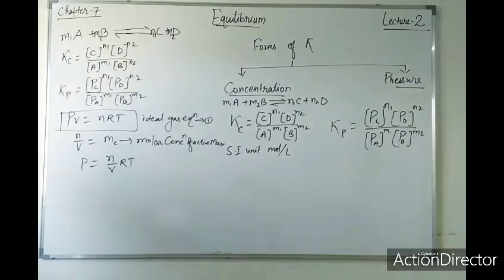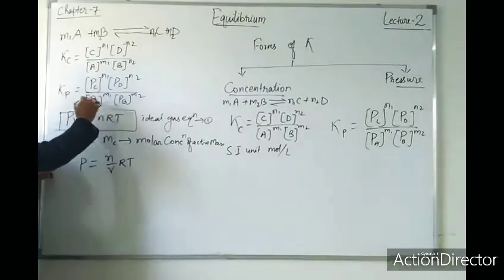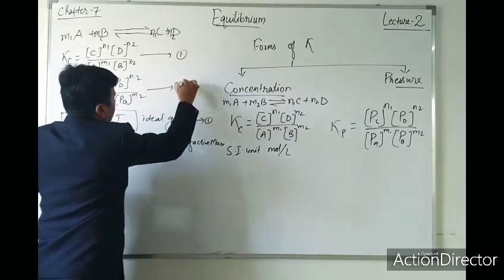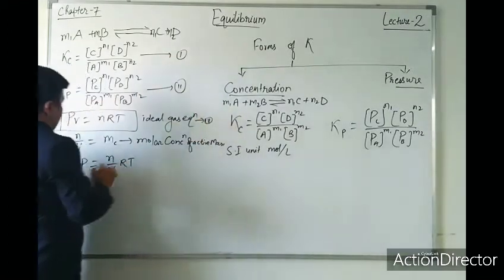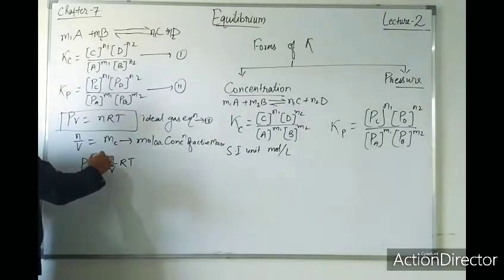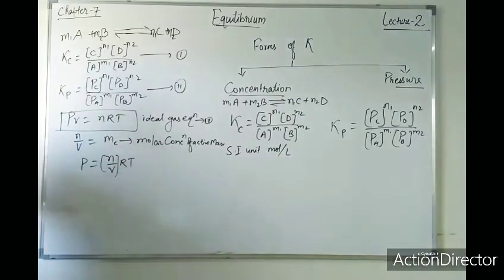So can you tell me what the values of PA, PB, PC and PD will be? Suppose this is equation number 1, this is equation number 2, this is equation number 3, and now we put in n by V, which is the molar concentration of active mass.